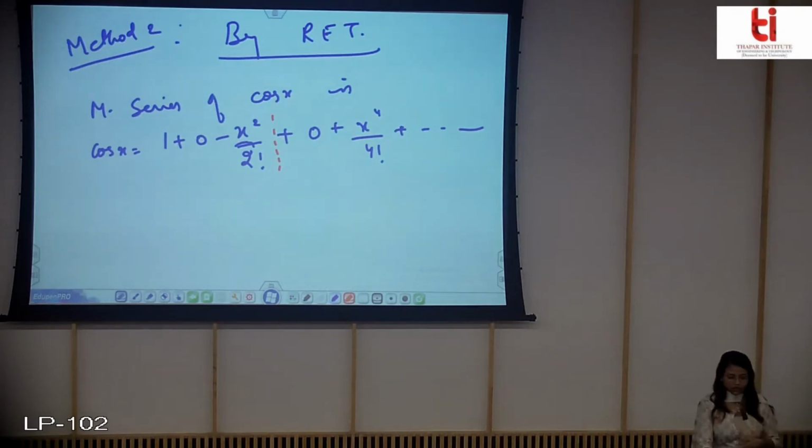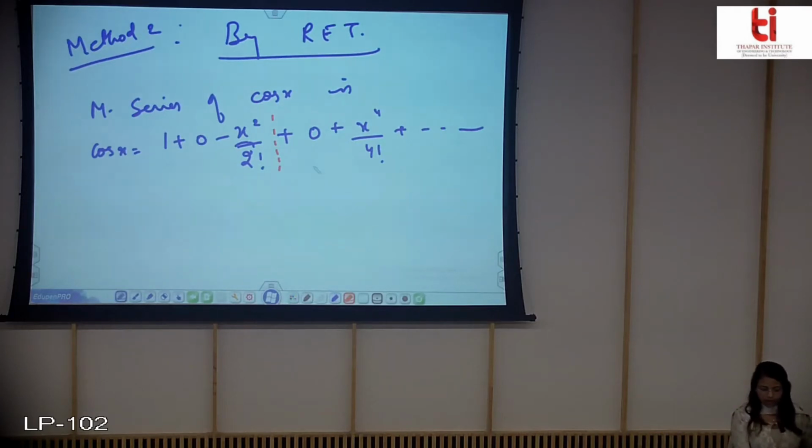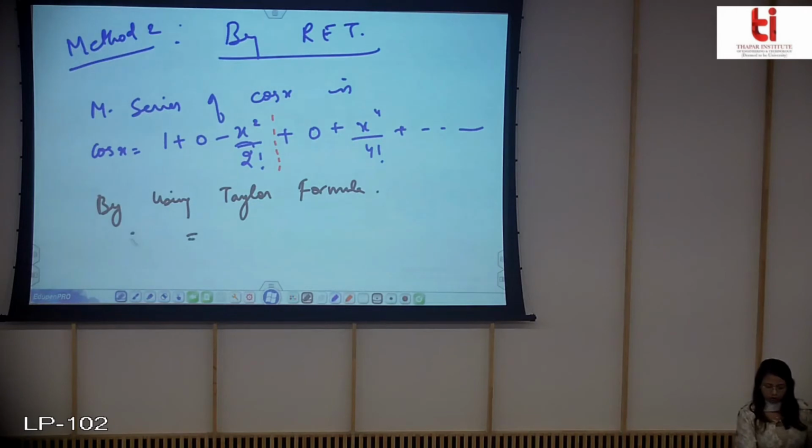Now just see, by using the Taylor formula, you also know what the Taylor formula is. This one is my P naught, the order is 0, this one is 1, this one is 2.